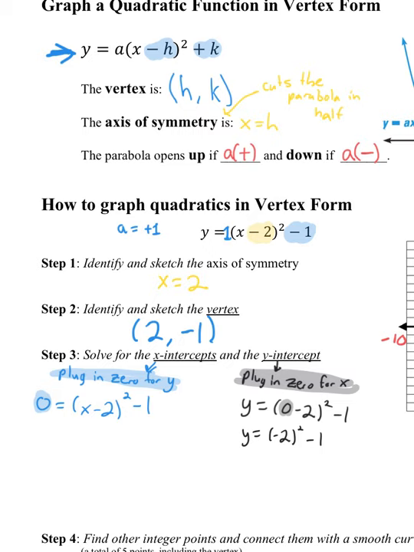Negative 2 squared is negative 2 multiplied by itself, so a negative times a negative is a positive, and 2 times 2 is 4. The last part is subtraction: 4 minus 1 is 3. So my y-intercept would be 0, 3.